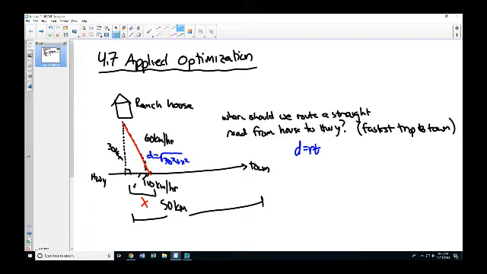We're going to optimize rate, correct? So the rate is distance over time.